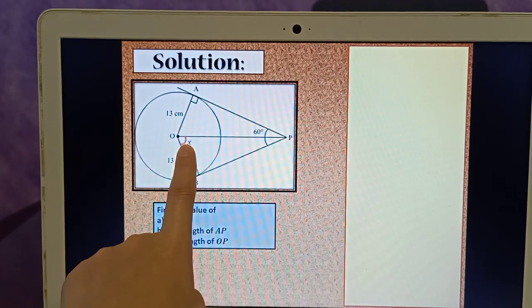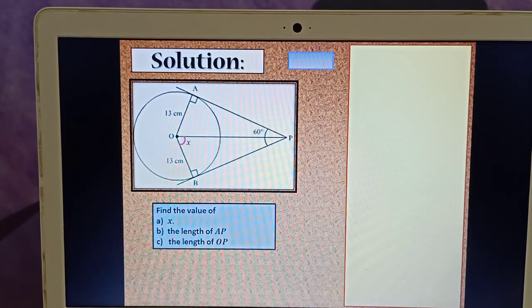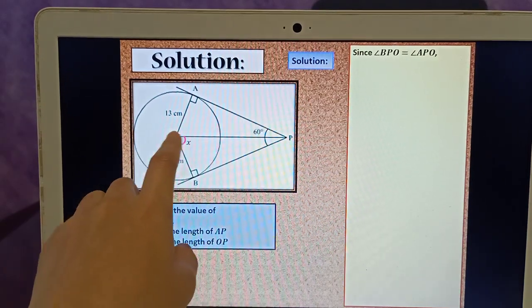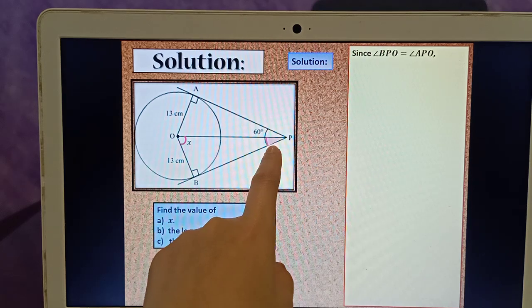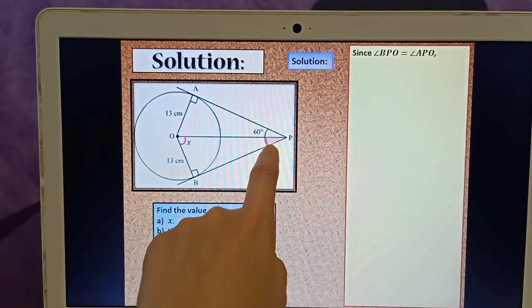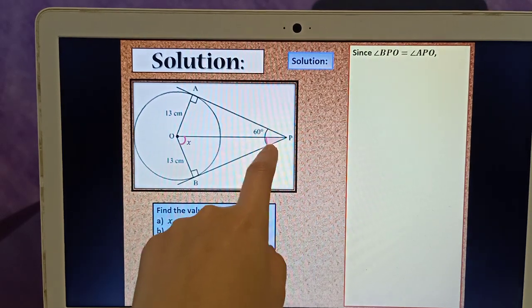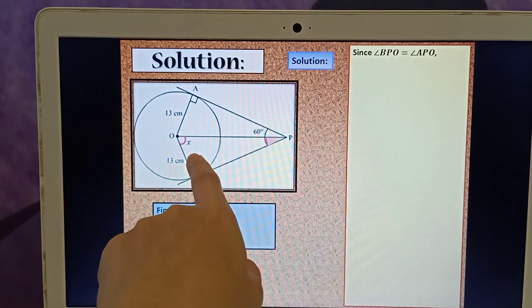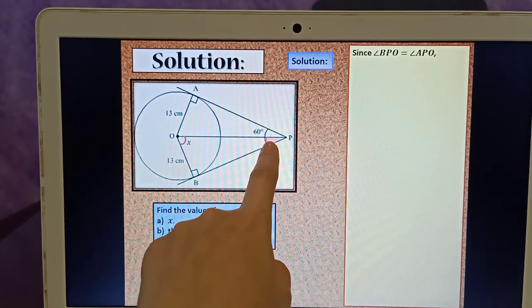Your x is located here, so we need to look at this triangle. As you can see, we need to find this angle before we can get x, because I can use 180 minus 90 and then minus this angle and then I will get my x. Correct or not?